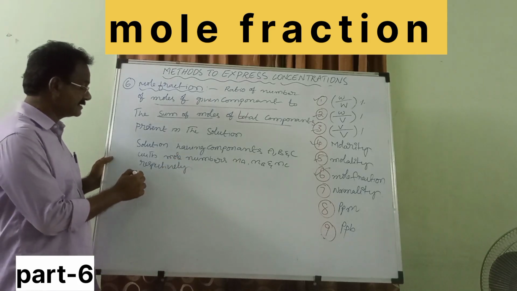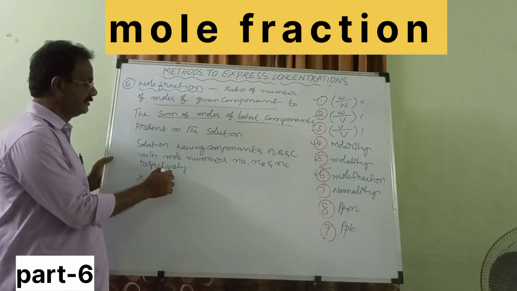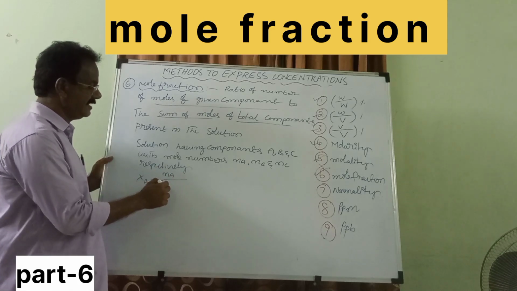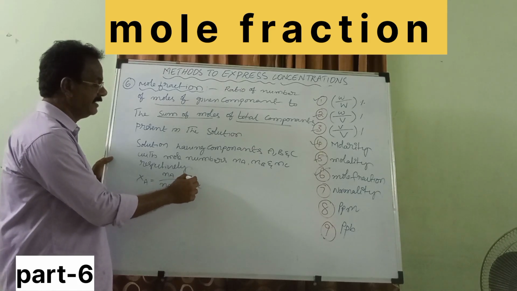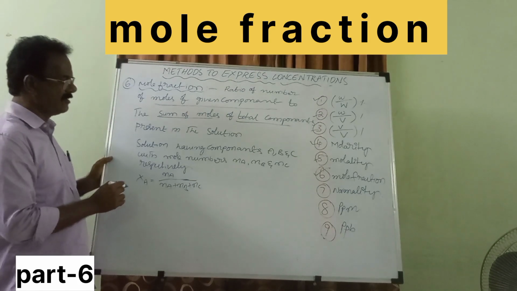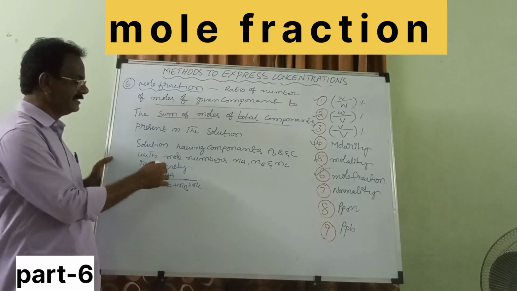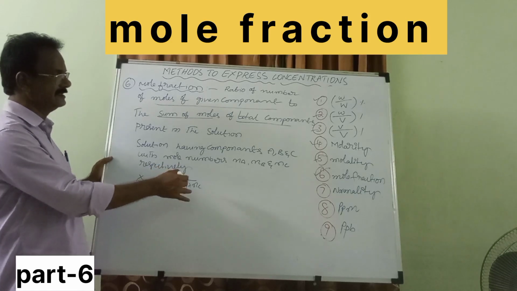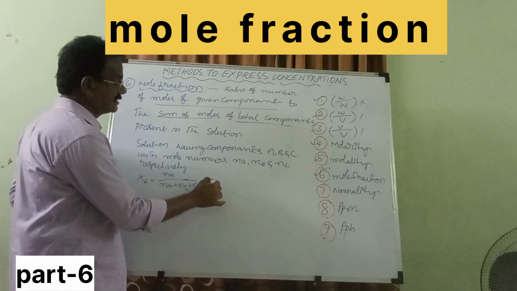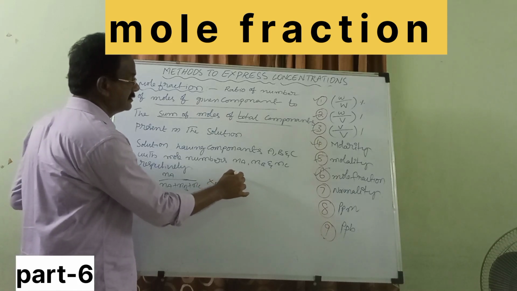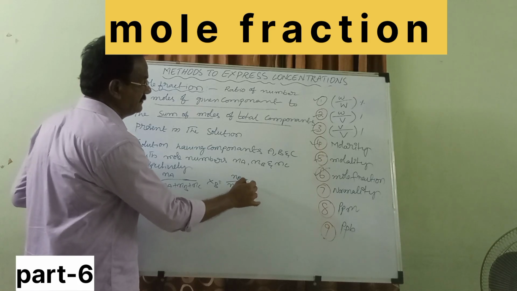Now let us consider the mole fraction of A. Xa is equal to Na by Na plus Nb plus Nc. Here the given component is A, so it has to be taken like this, Na by Na plus Nb plus Nc, according to the definition. Let us consider the mole fraction of B. Xb is equal to Nb by Na plus Nb plus Nc.